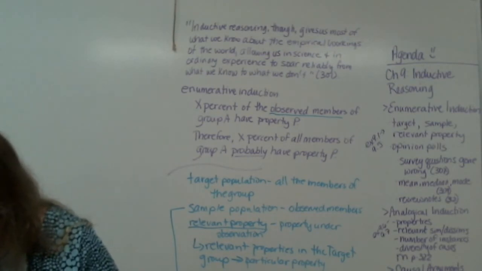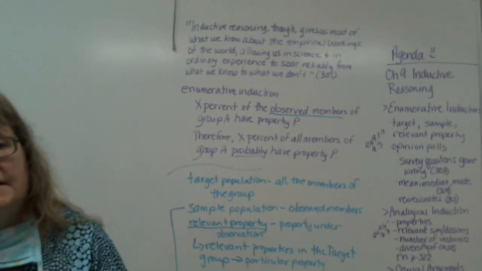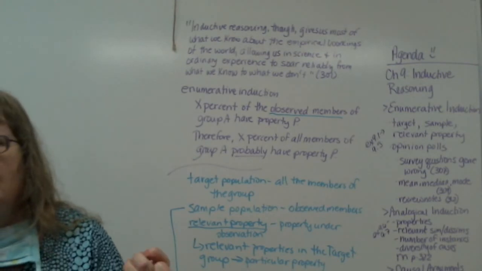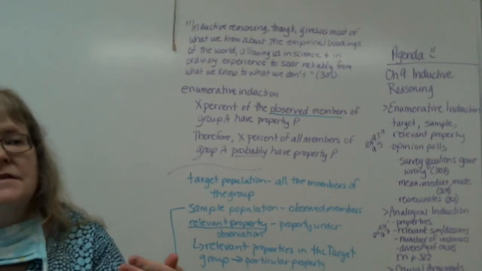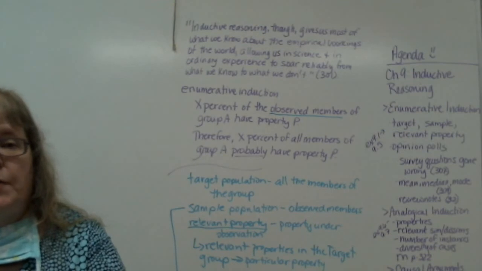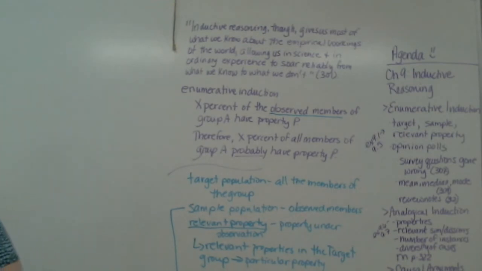Now, we can mess up our sample in lots of ways. One of those is what we call a self-selecting sample. I have to slow down to say that because of all those S's. But the big deal here is things that ask us as members of a certain group to give our opinion. Now, in some ways, it works. In other ways, not so much.